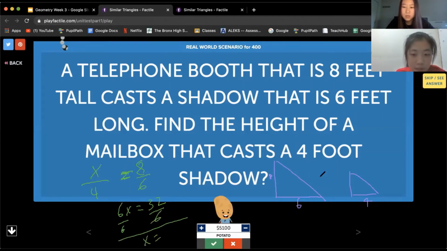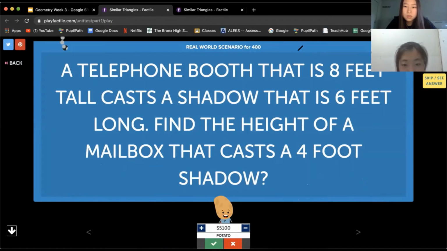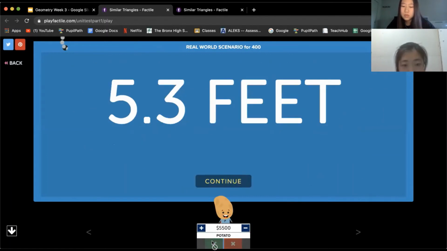And you get x equals 16 over 3. Yeah, 16 over 3 is about 5.3, but it's an ongoing decimal.